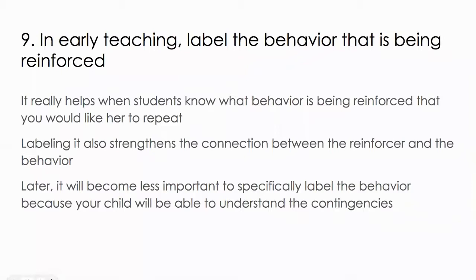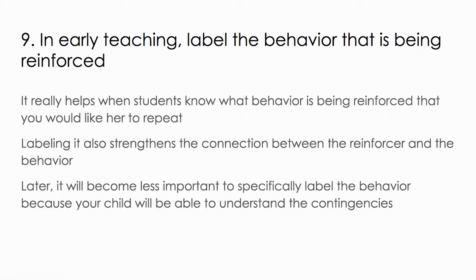So number 9, in the early teaching, label the behavior that's being reinforced. It really helps when students know what behavior is being reinforced that you would like her to repeat. Labeling it also strengthens the connection between the reinforcer and the behavior. Later, it will become less important to specifically label the behavior because your child will be able to understand the contingencies.